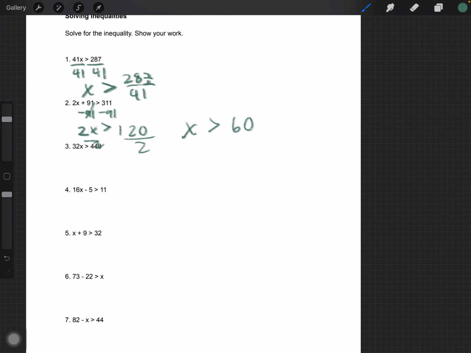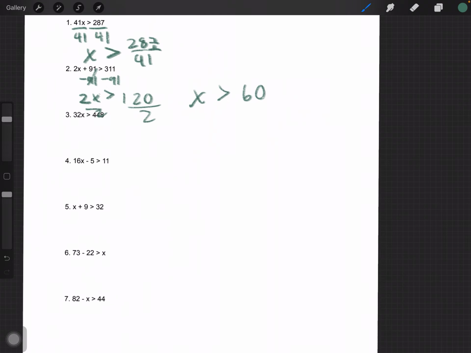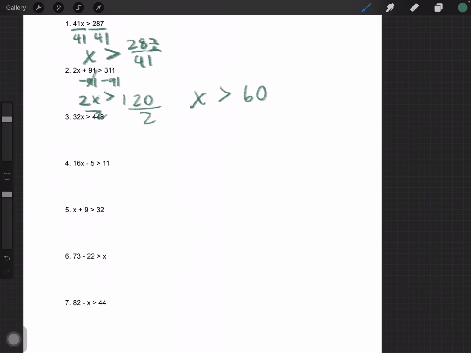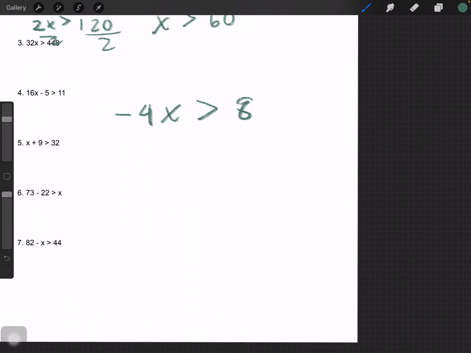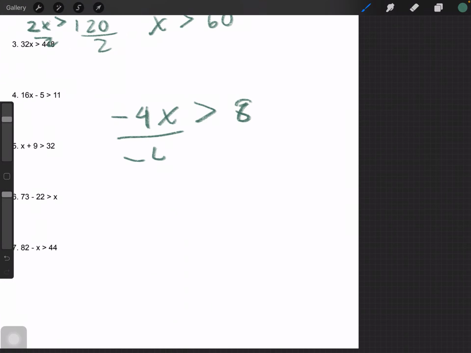Okay. So the rest of the page is basically the same as we've been doing. The only thing that you have to watch out for is the negative sign. So I'm going to write a little example on the side, and then when you come across it, you can work around it. So let's say you have negative 4x is greater than 8, and you want to divide by negative 4 on both sides, right?